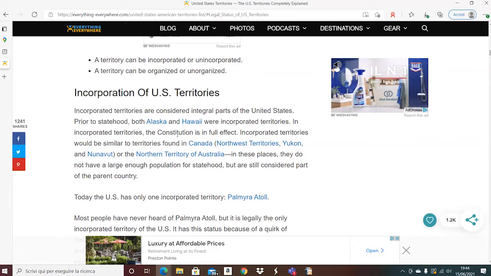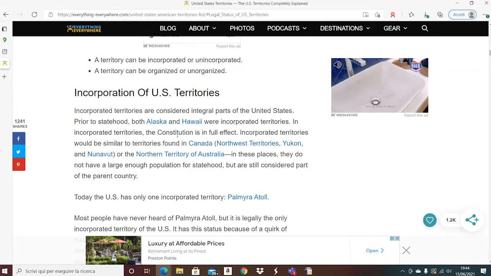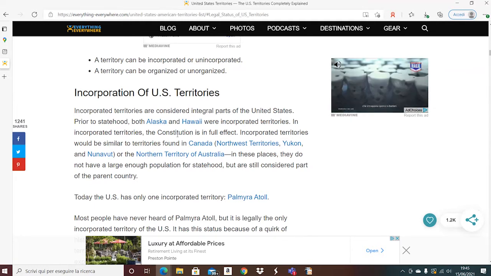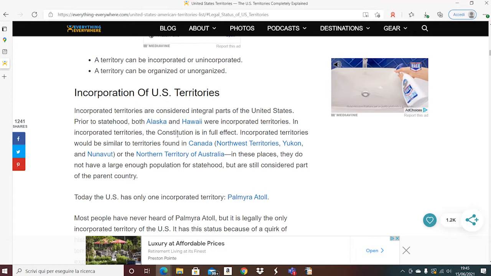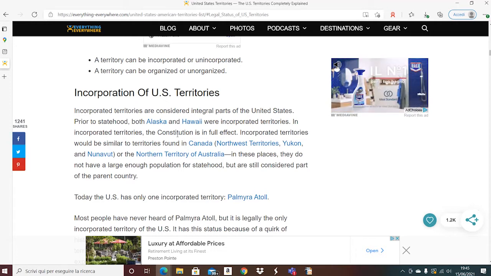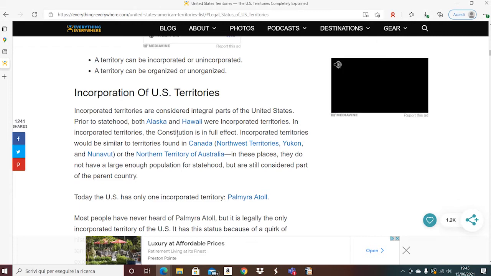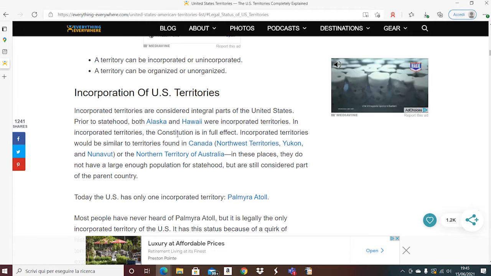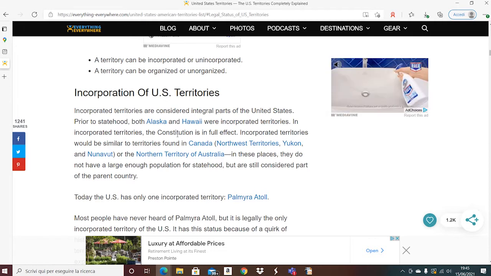In incorporated territories, the Constitution is in full effect. Incorporated territories would be similar to territories found in Canada, such as Northwest Territories, Yukon, and Nunavut, or the Northern Territory of Australia.